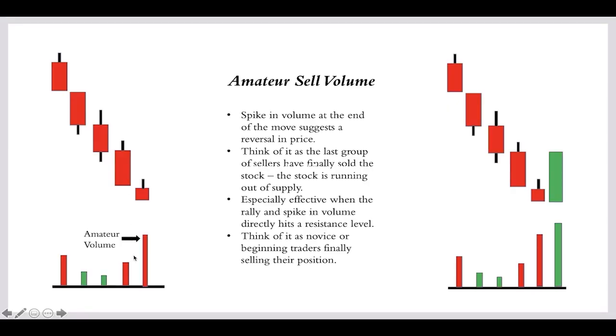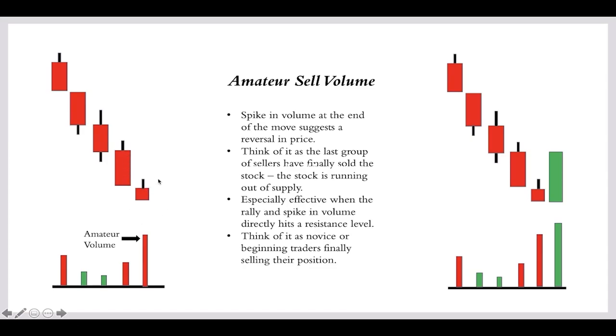And think of it as novice or beginner traders. They're finally selling it, right? These beginner traders, these amateurs, they were down on their positions here, right? They were losing money here, but then they see the stock or the crypto continue going lower, and their losses are increasing, until eventually they can't stomach that huge loss, and they're like, you know what, I'm going to exit the position.